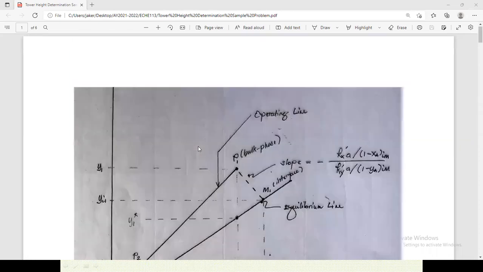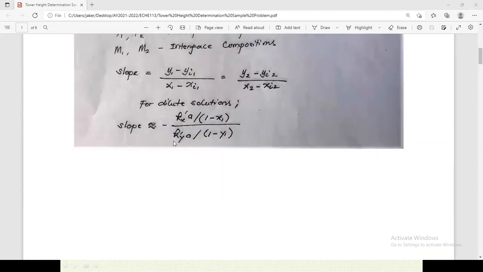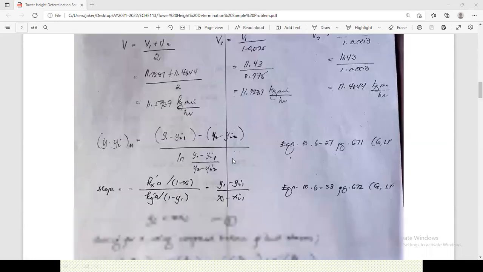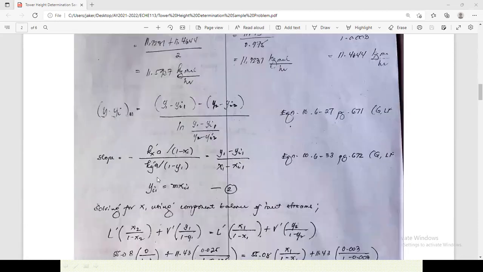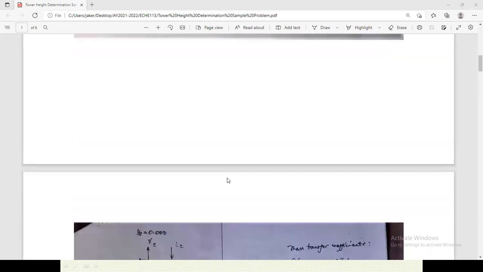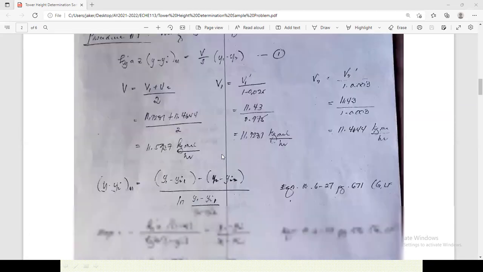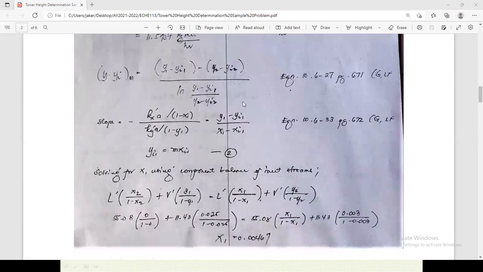So instead of using the original equation for the slope, we use this one because our solution is dilute. Now we have this, and we equate it with the first of the two equations.